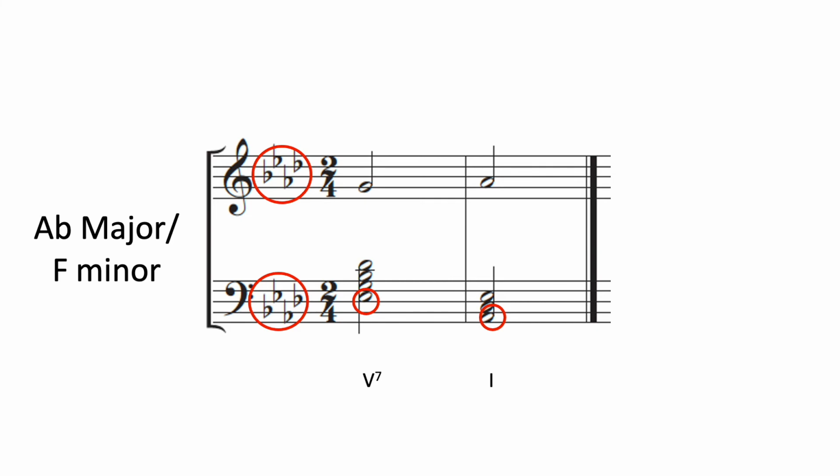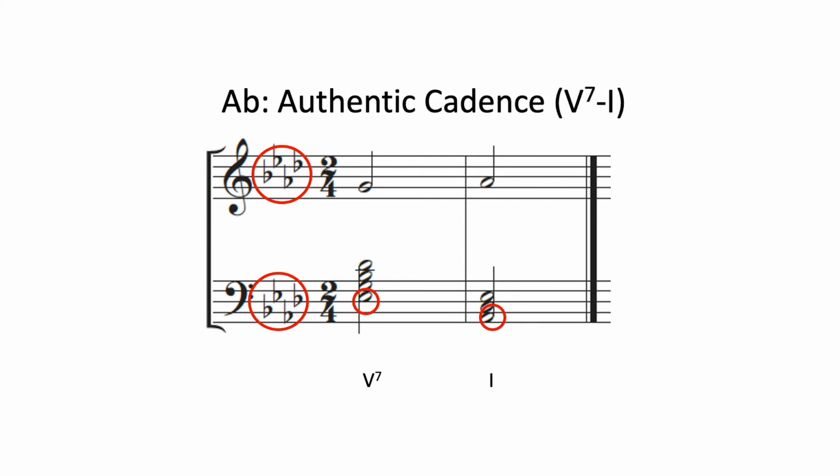So it's safe to say that we're definitely in the key of A flat major, where we have a V7 that resolves to a I chord, a dominant going to the tonic. So in the key of A flat, we have an authentic cadence with a V7 resolving to I. If you follow this procedure, you should be right on your way to figuring out your cadences.